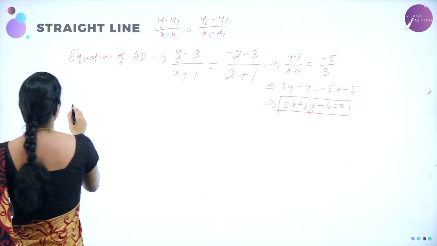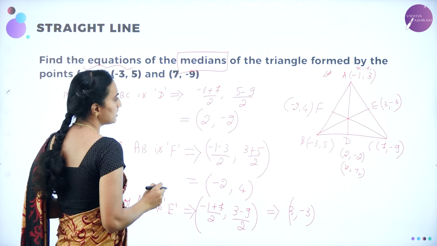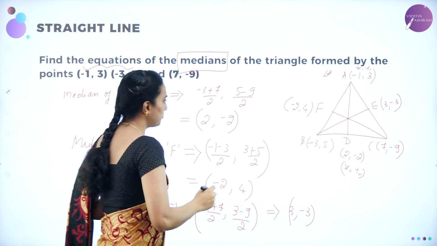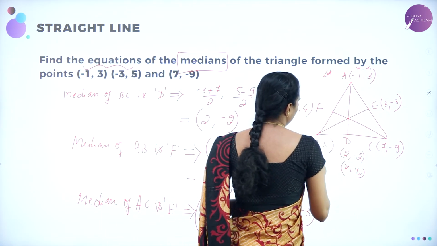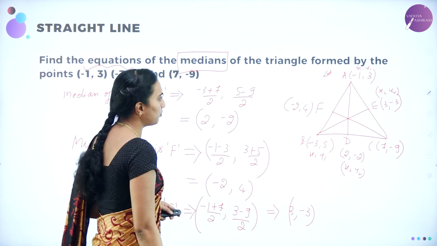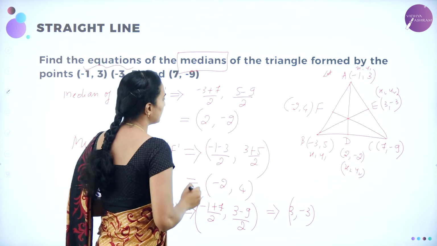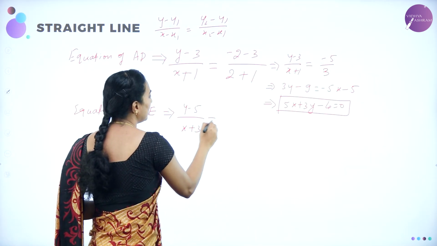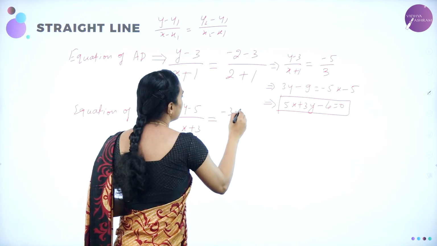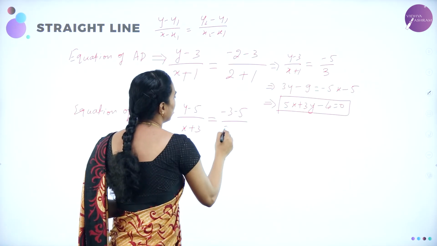Now what we need to find next is the equation of BE. Again taking this point as x1, y1 and this point as x2, y2: (y minus 5) divided by (x minus of -3, that is x plus 3) is equal to (-3 minus 5) divided by (3 plus 3).